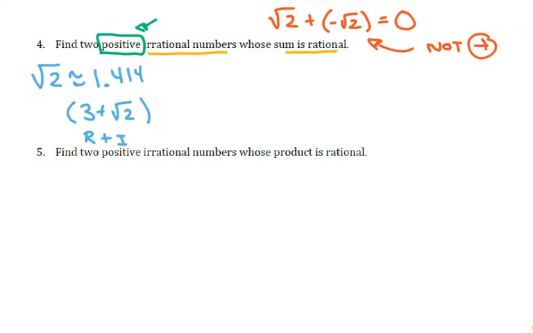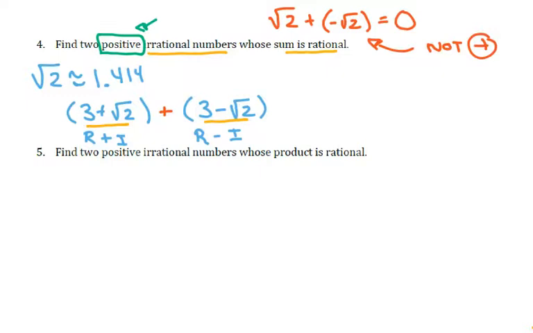And my second number is going to be 3 minus the square root of 2, which is also irrational because this is rational minus irrational. So these are my two numbers, 3 plus the square root of 2 and 3 minus the square root of 2.